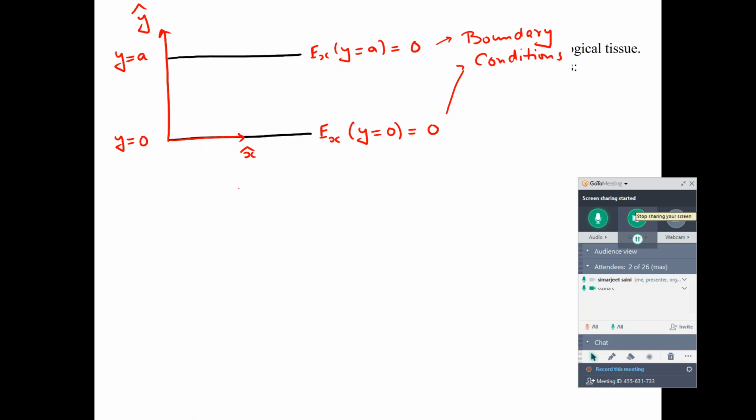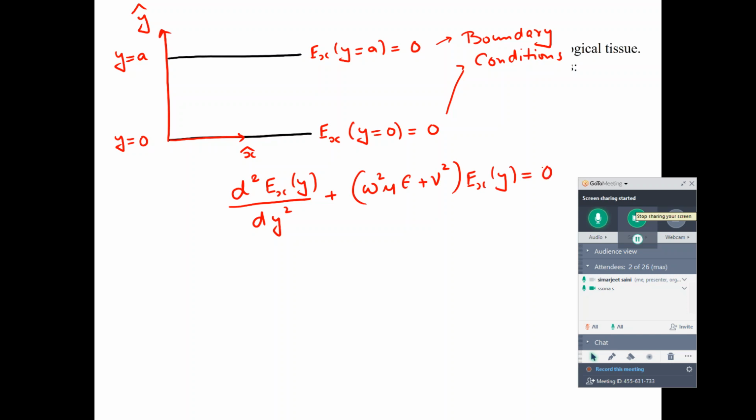So I have to find a solution for d square E_x(y) by dy square plus omega square mu epsilon plus gamma square times E_x(y) is equal to 0. I have to find a solution for that term. Again, remember, whatever answer I get has to be true for any value of y within 0 and a.